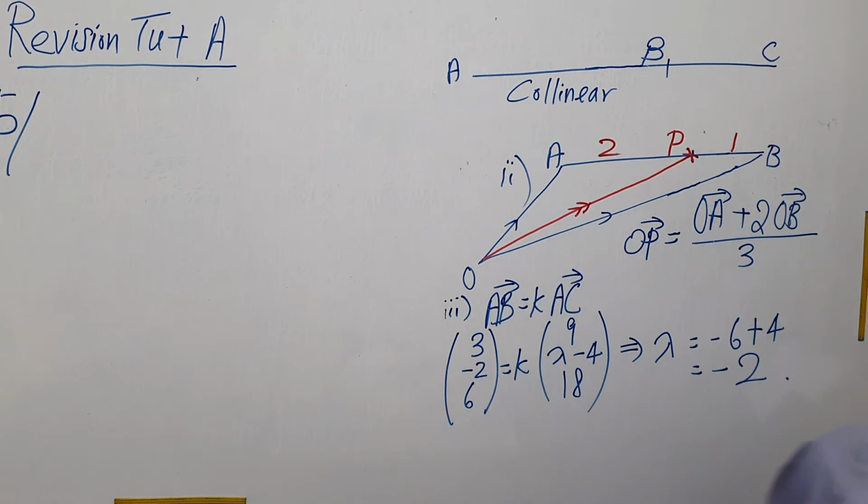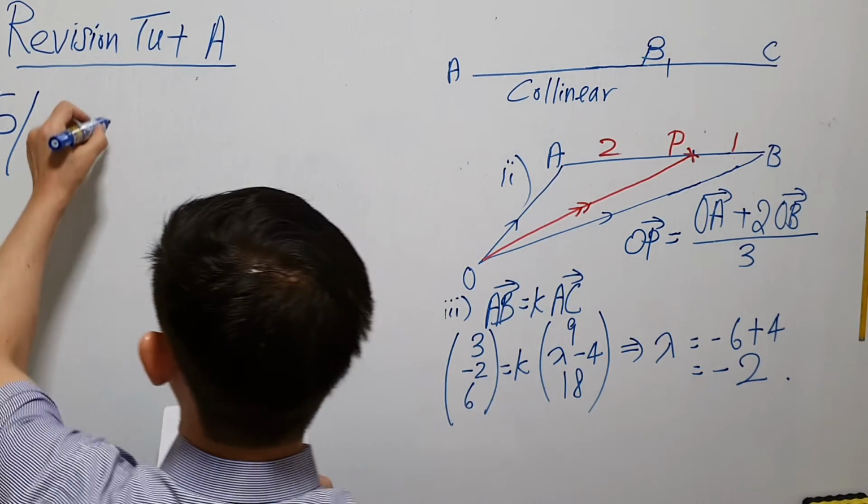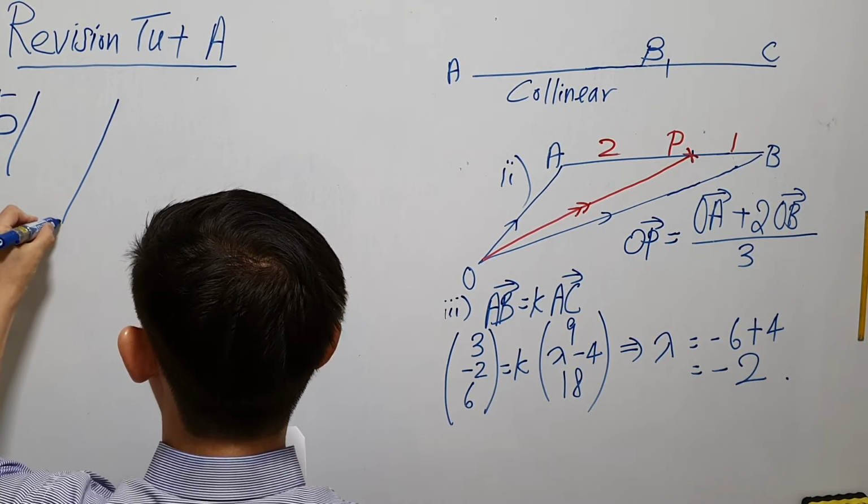Question 5. M and N are midpoints of OA and AB of a parallelogram. CM and CN cut the diagonal. So OA and OC. So maybe let's draw a diagram.